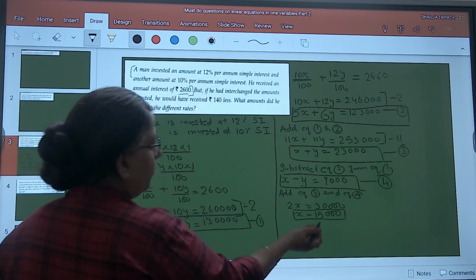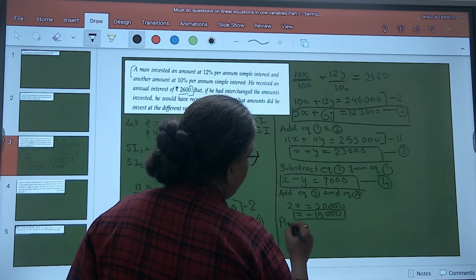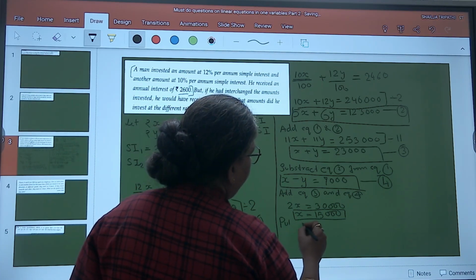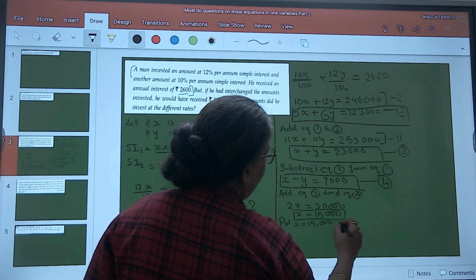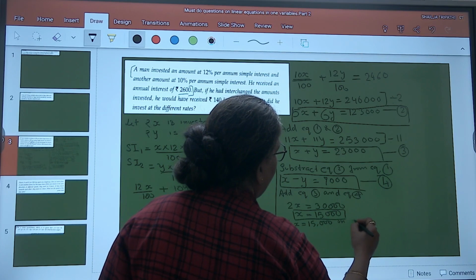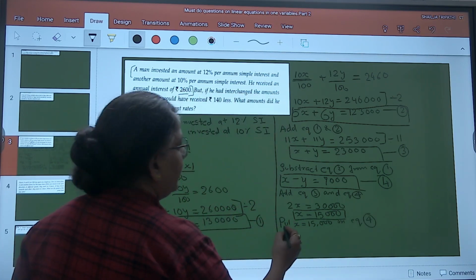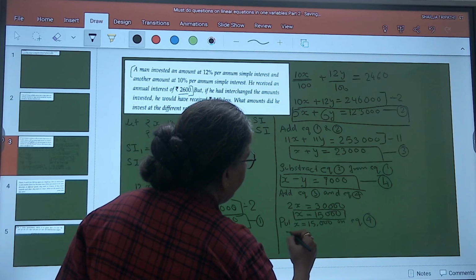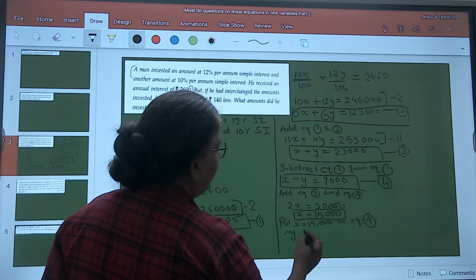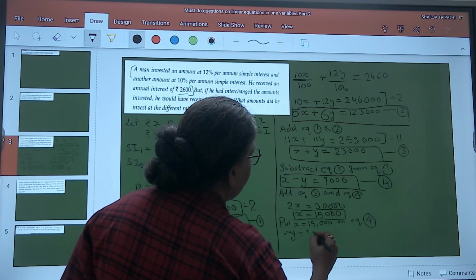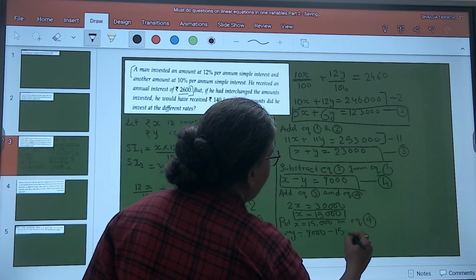Now put the value of x in equation 4. Put x is equal to 15,000 in equation 4. See what we get? The value of y. So minus y is equal to 7,000 minus 15,000.